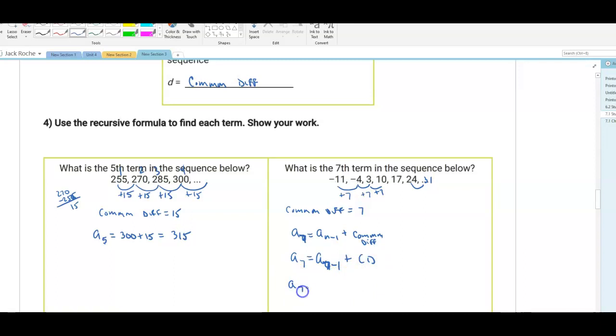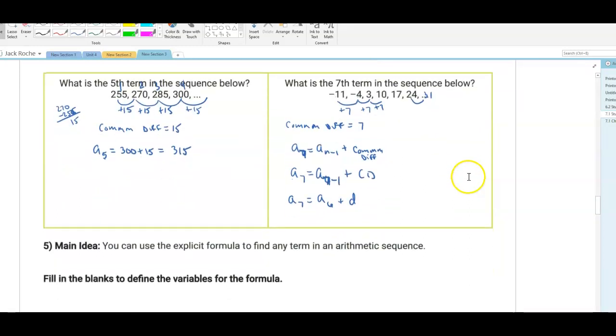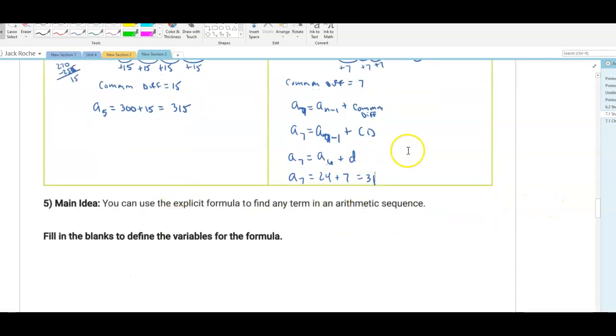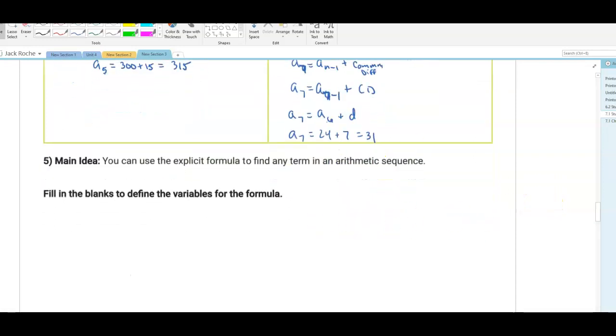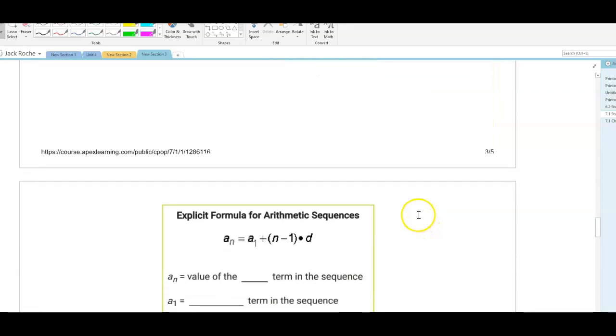So that would give me a sub 7 equals a sub 6, because 7 minus 1 is a sub 6, plus my common difference d. And right away here, what is the sixth term of the sequence? 24 plus what is my common difference? 7, and that would give me 31. So the seventh term would be 31. Okay.